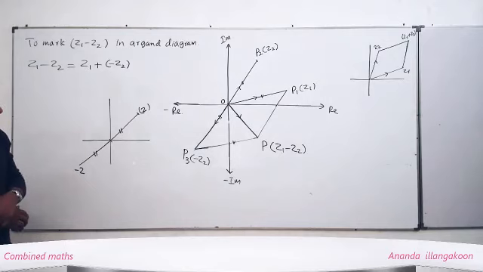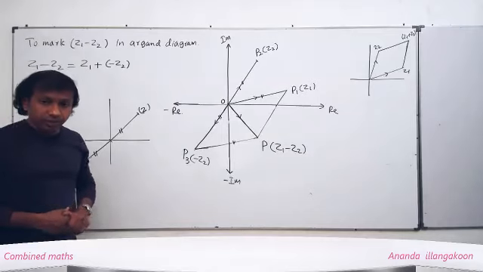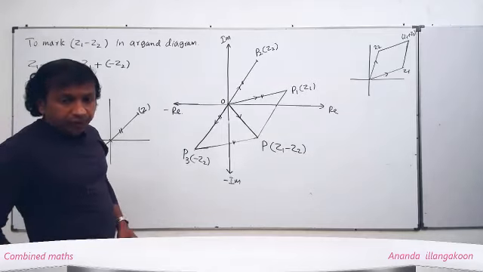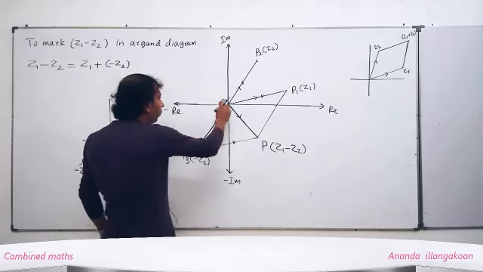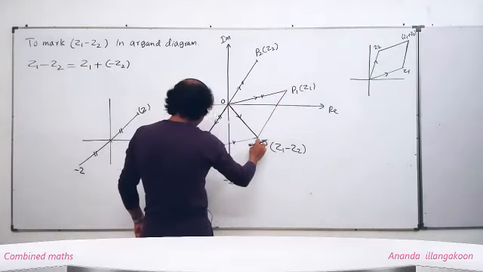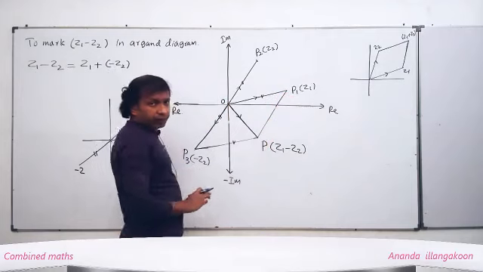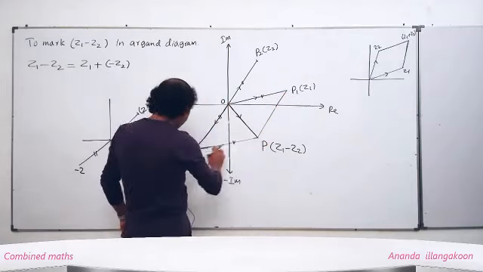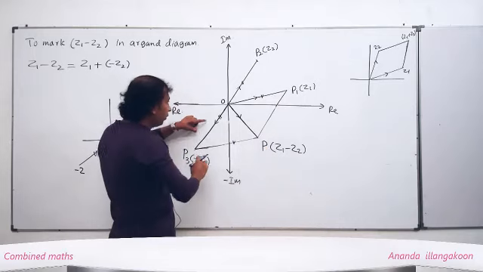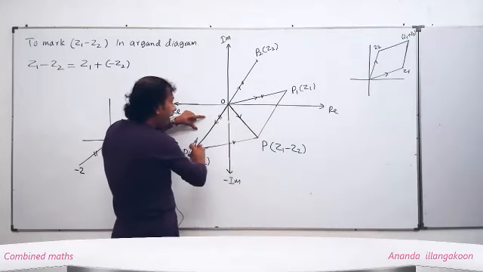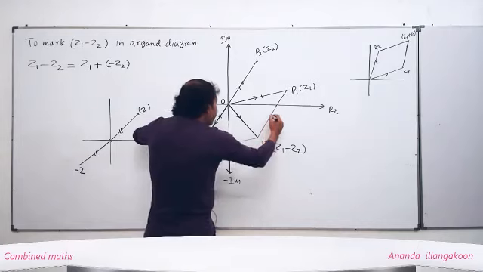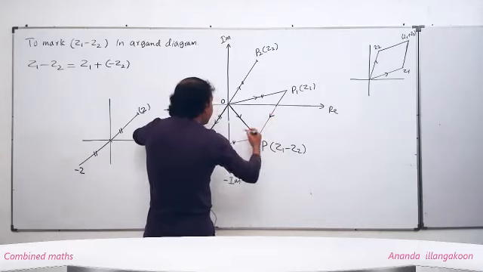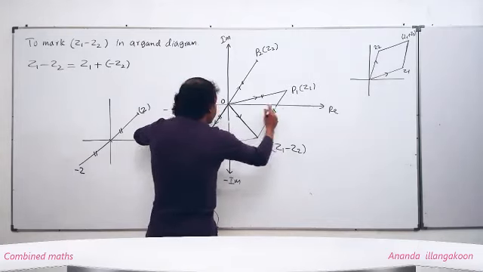And now, after this, we can see this earlier said property again in this diagram too. What is that? Here O P1 P P3 is a parallelogram. So OP3 and P1P are parallel and equal in length because it's a parallelogram.